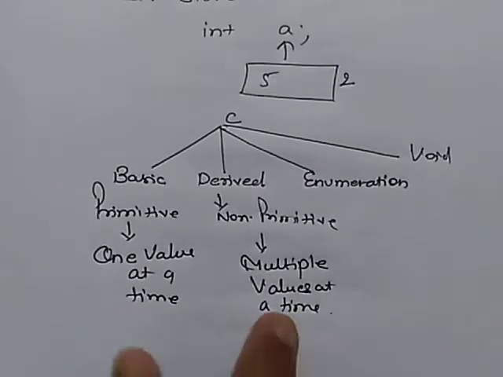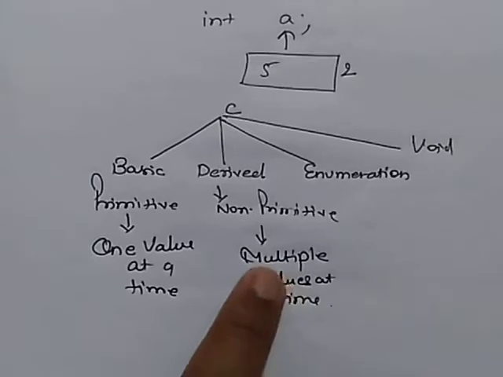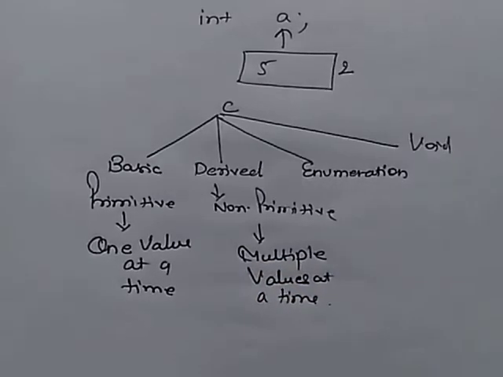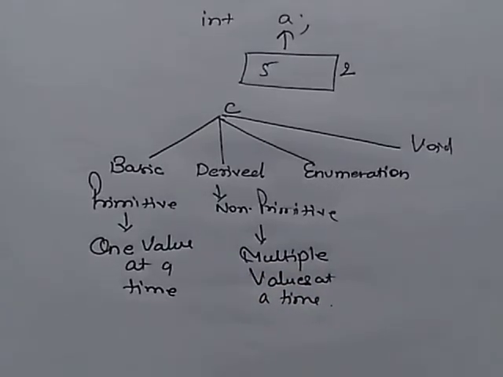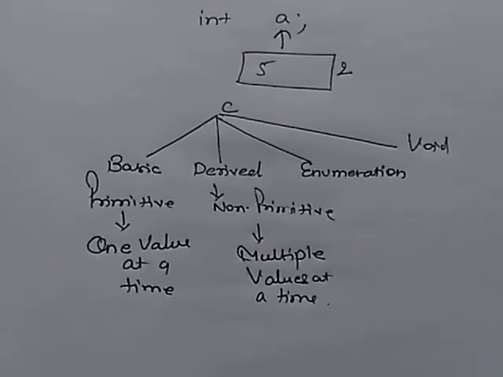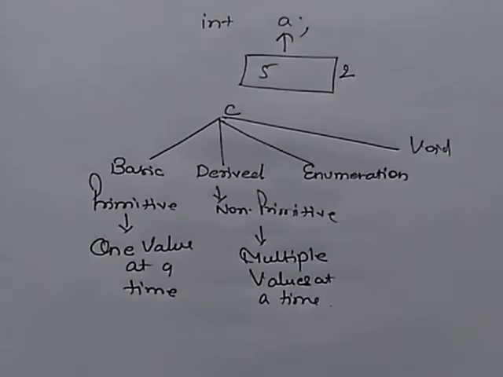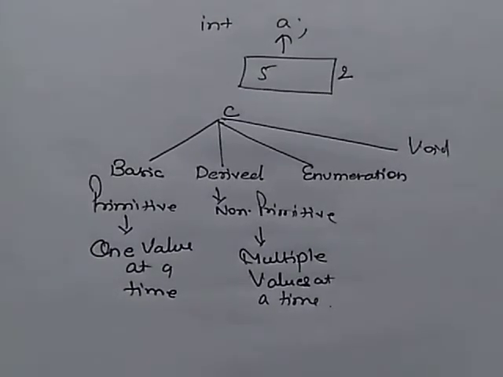For example, structure, union, array, linked list, etc. Now enumeration is just like a constant, and void is also a data type, but it is used as a keyword in C language.